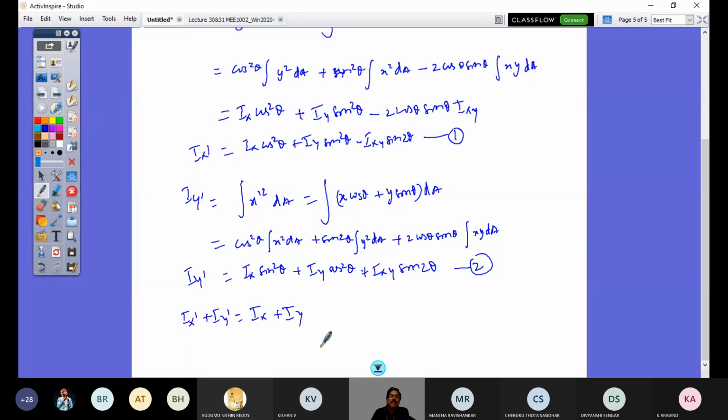So this is Iz dash and this is Iz, because if you add these, by the perpendicular axis theorem, the summation of these two is the area moment of inertia about the z axis, called the polar moment of inertia, and that does not change, it remains the same.